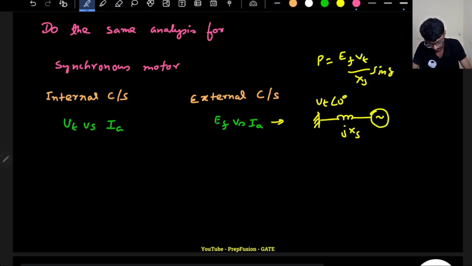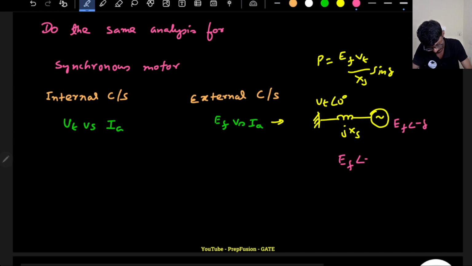What will be the equation here? If I am plotting the characteristics, it will just get flipped. All the graphs will be flipped.